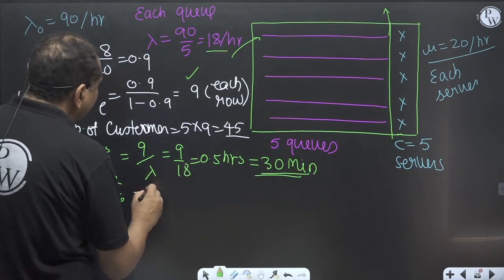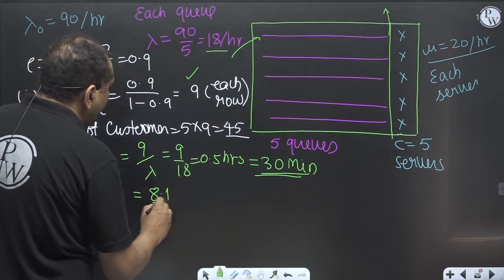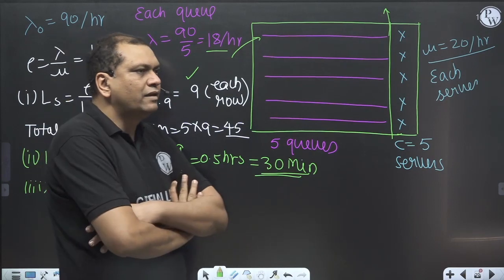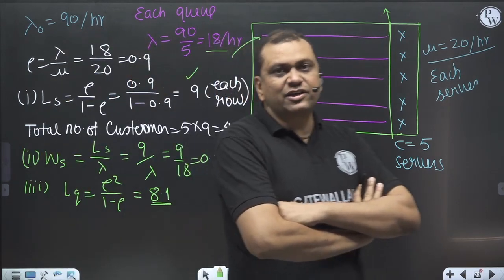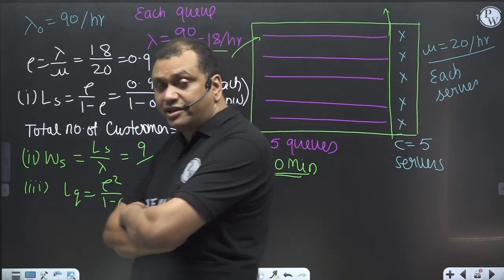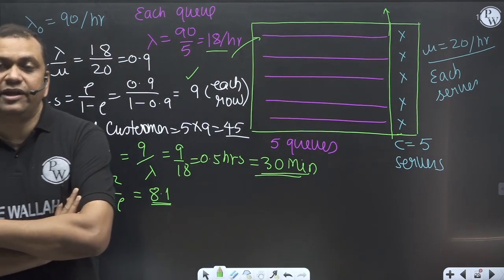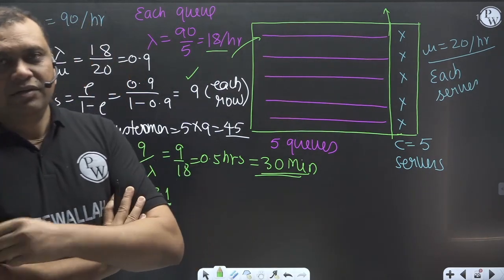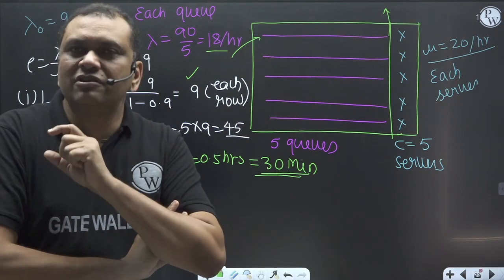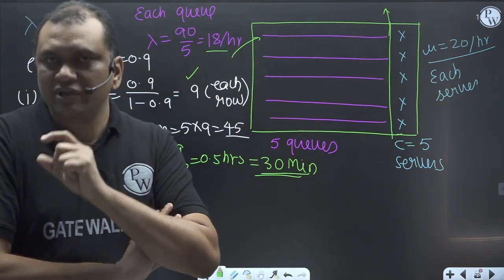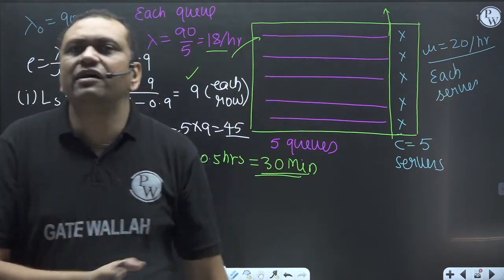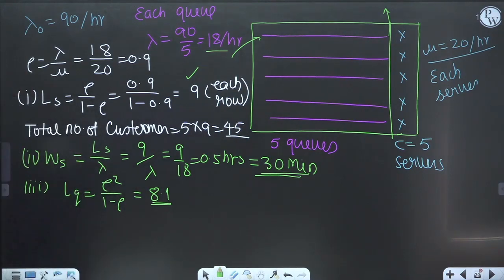If you put in the value, it is 8.1. Approximately 8.1 customers will be in the queue in front of each counter. Q means excluding the person being served.